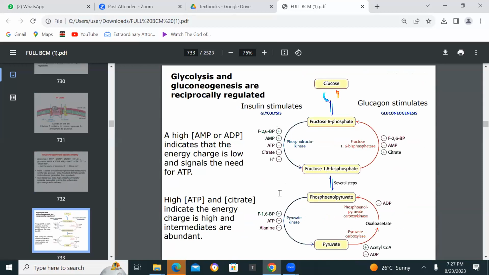Yeah, so at least this gives a good summary of the 3 steps that are different from glycolysis and what factors would stimulate or inhibit each of them.